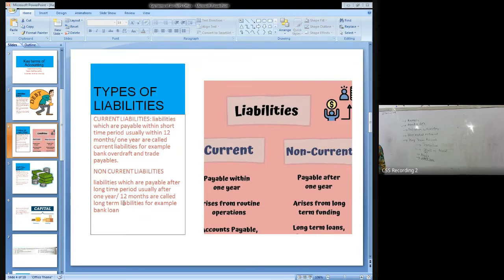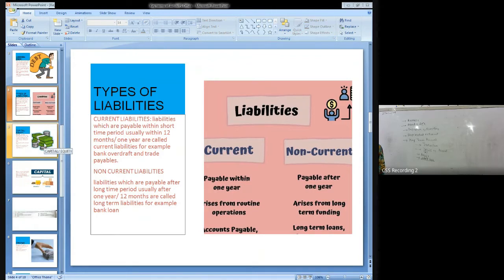And in the slide, you can see a comparison of current and non-current liability, as current liabilities are payable within 1 year, while non-current liabilities are payable after 1 year. Current liability arises from routine operations. It means that current liability is a routine matter of a business.